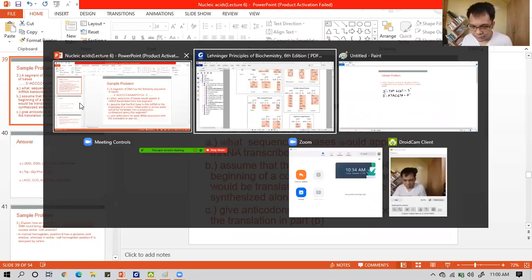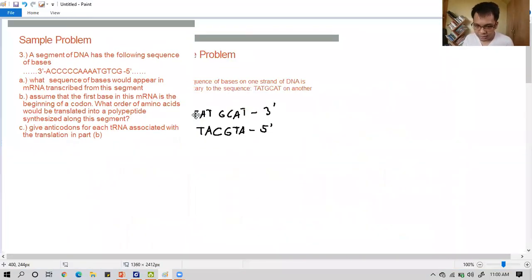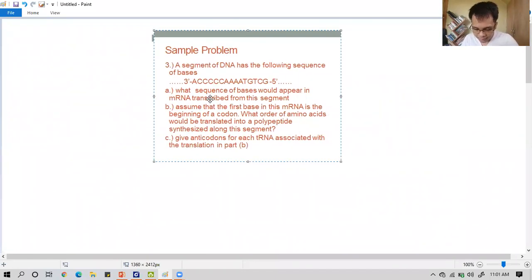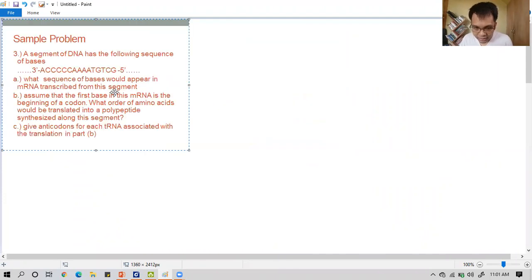Ibig sabihin, siya na yung complementary strand na DNA natin. So, what sequence of mRNA bases would appear in the mRNA transcript for this segment?